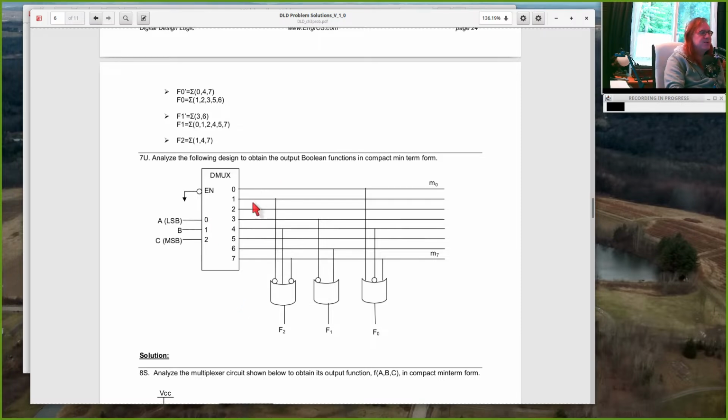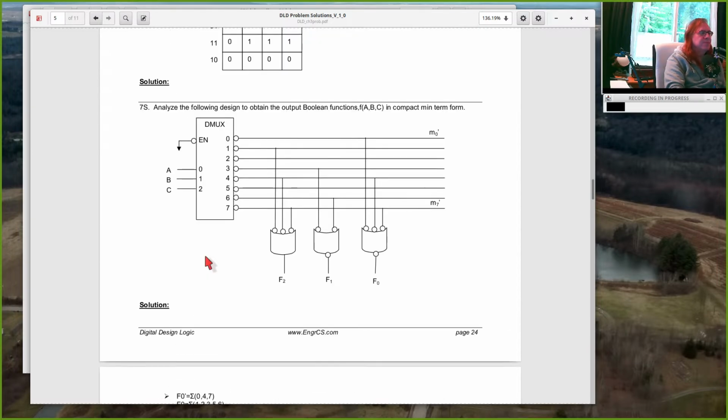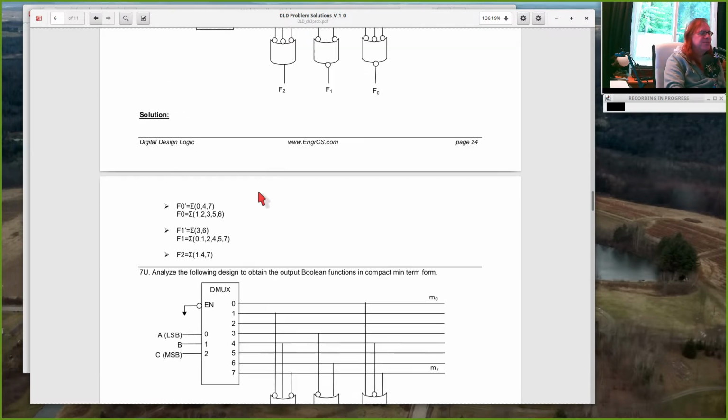So one of these outputs will be driven based on which inputs are 1 and 0. And these are OR gates with some inputs inverted. And figure out what F0, F1, F2 do in response to the inputs. Make yourself a truth table or something. And there's an example up here.